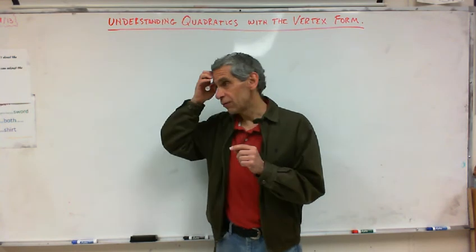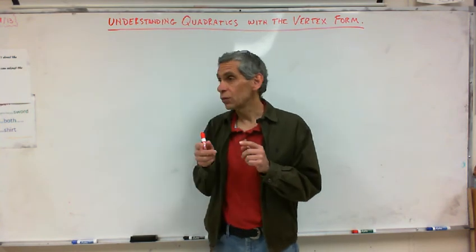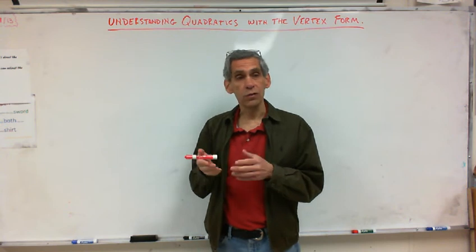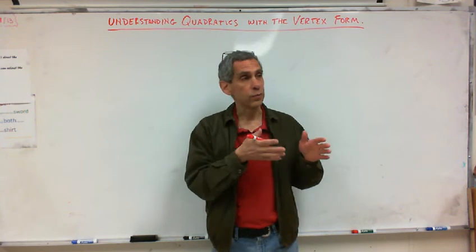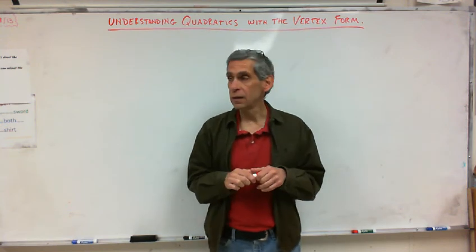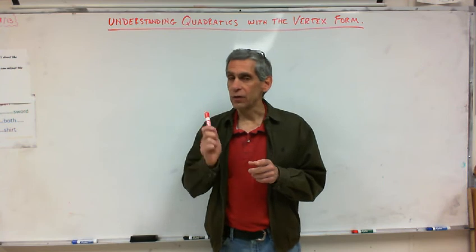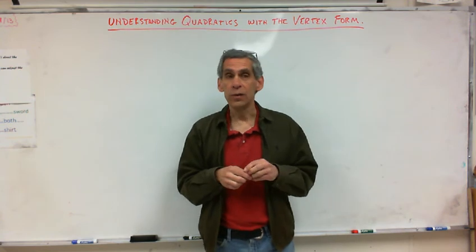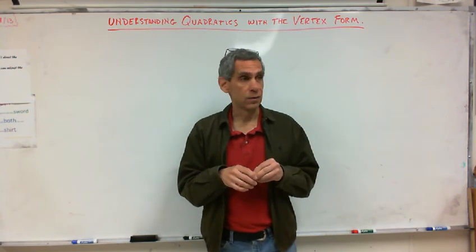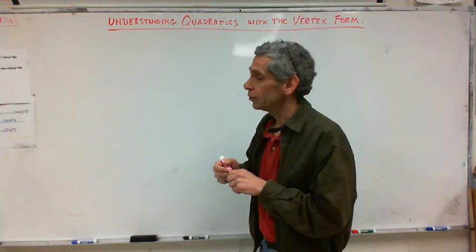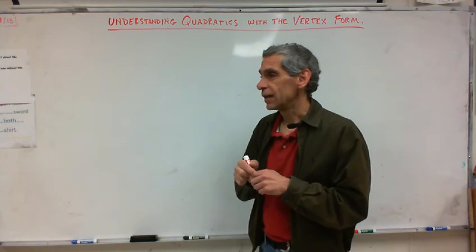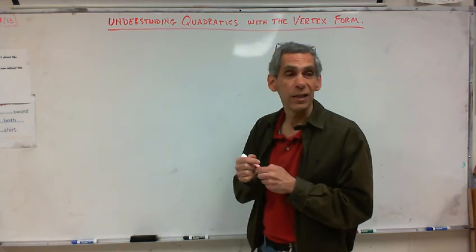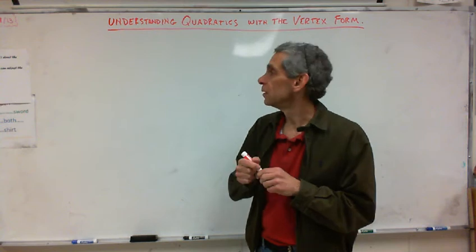And the only kind of equation I've taught you so far is what's called the standard form, which is y equals ax squared plus bx plus c, right? I want to go over that first, and then I'm going to show you a vertex form, which is really useful. And you'll see why soon, because you can graph it instantly. I mean, instantly. That's why it's so useful.